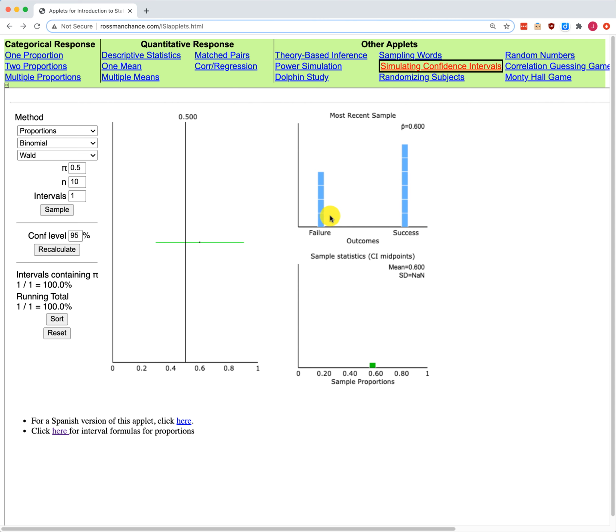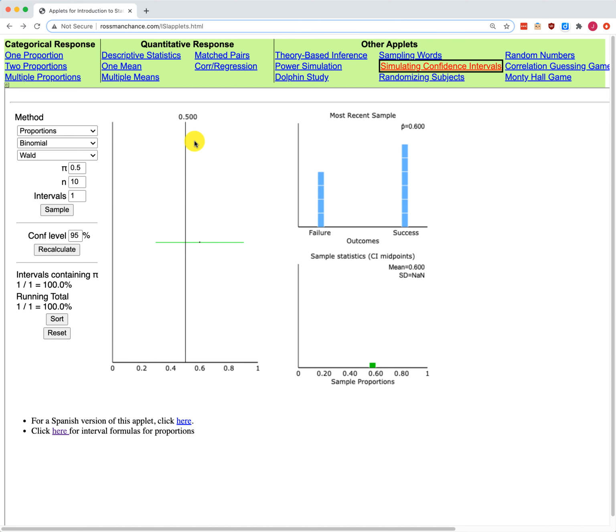In this sample, we had 1, 2, 3, 4 failures and 1, 2, 3, 4, 5, 6 successes. So that means that p-hat is equal to 0.6. The graph below it has graphed that number 0.6. It put a little green box to say our first sample had a sample proportion of 0.6.